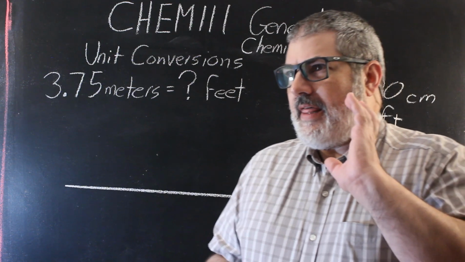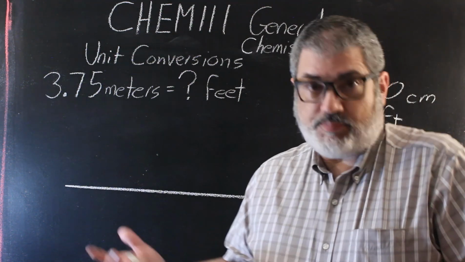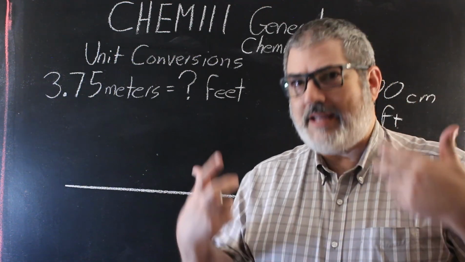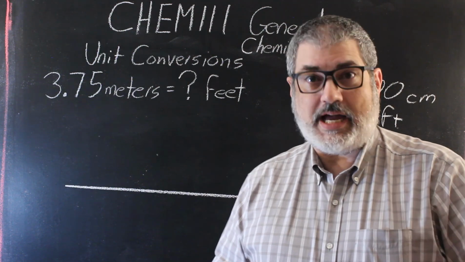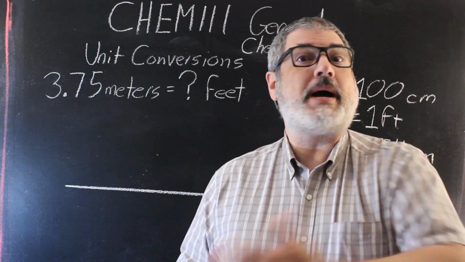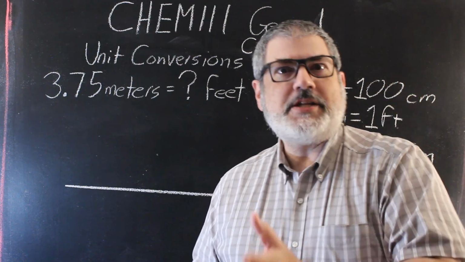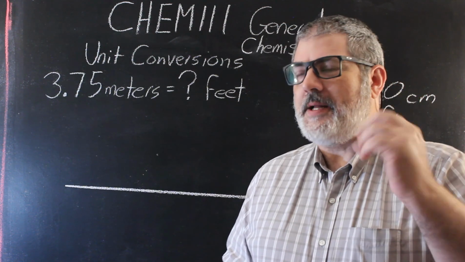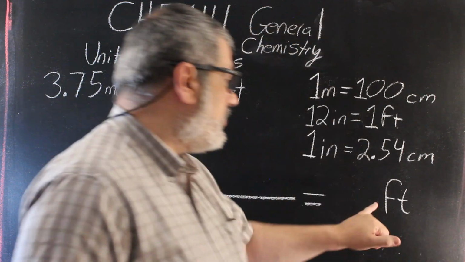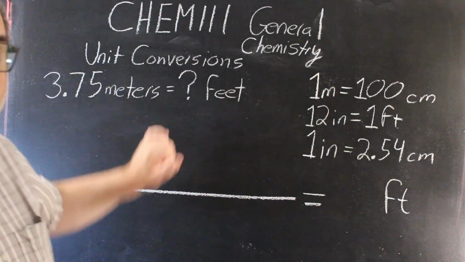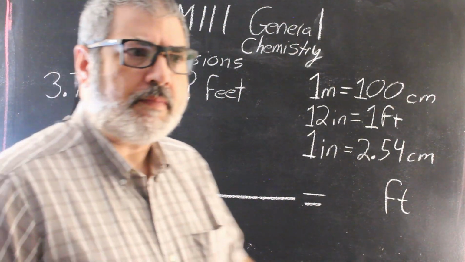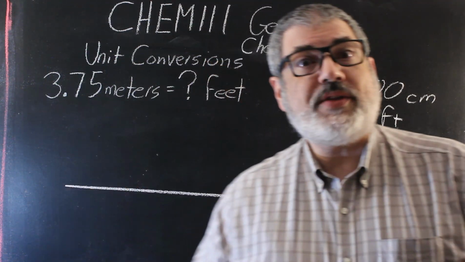That might sound obvious, but it was not in my thought process when I was a student, especially in my non-chemistry classes like physics. You need to know what you're shooting for, right? So in this case, we know that our unit is going to be feet, because that's how I've got the problem started. What do we start with?